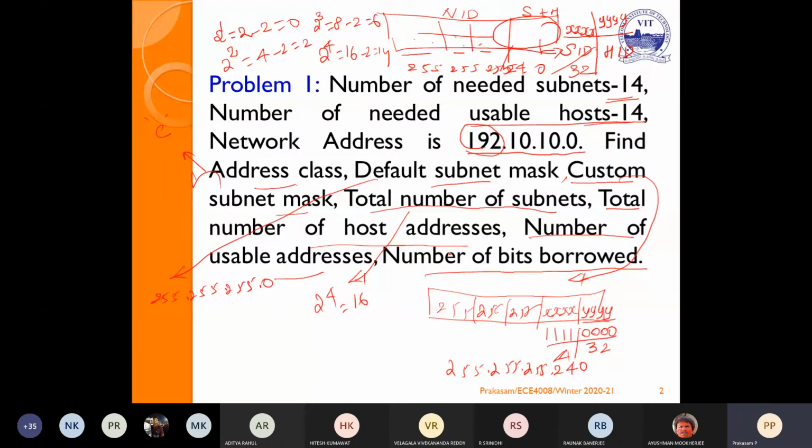The next question, total number of host addresses: 2 power 4 is 16. Number of usable addresses: 2 power 4 minus 2, 14. Number of bits borrowed: out of 8 bits, we are borrowing 4 bits for the subnet. So the number of bits borrowed is 4.